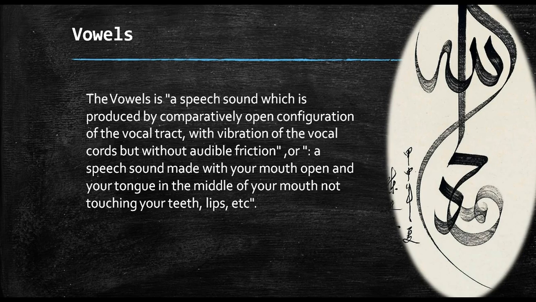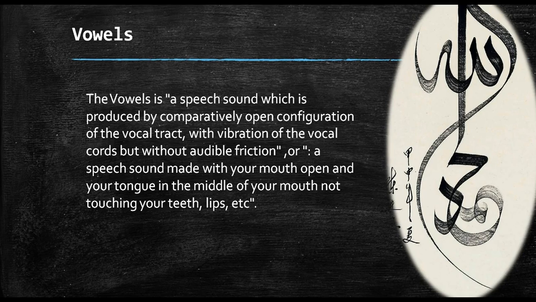Now we have come to the theory part, and here's the definition of a vowel. I've got it from online sources. I don't have to go to a very authenticated source because these definitions are all over the place. But you can get these definitions from the big dictionaries, and you'll find them matching what I have written over here.